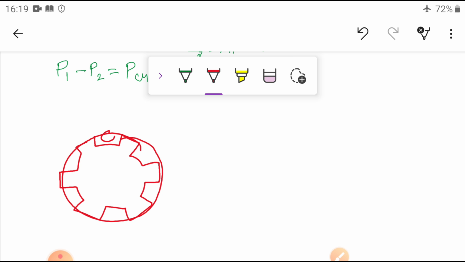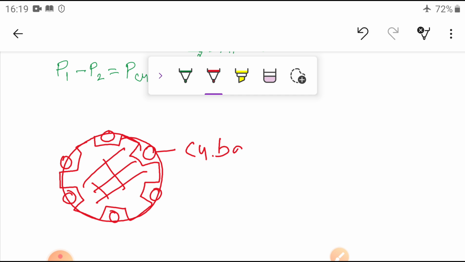These are the rotor bars, for example squirrel cage rotor bars, and this is the rotor core. That means here there are copper bars, or copper winding in the case of a slip ring induction motor, and it is also an iron core, similar to the stator.